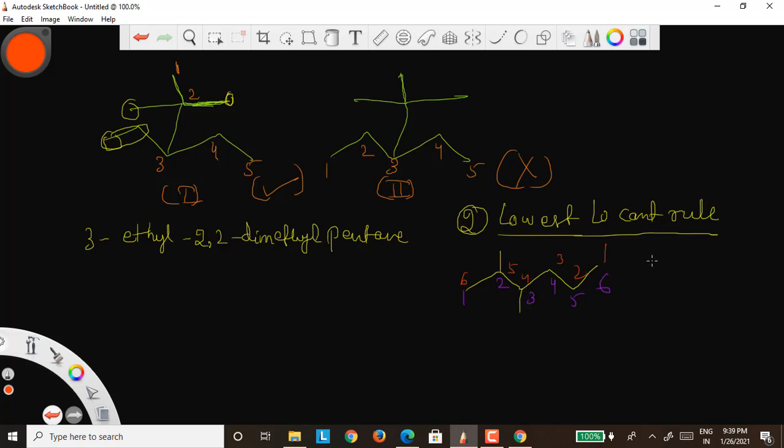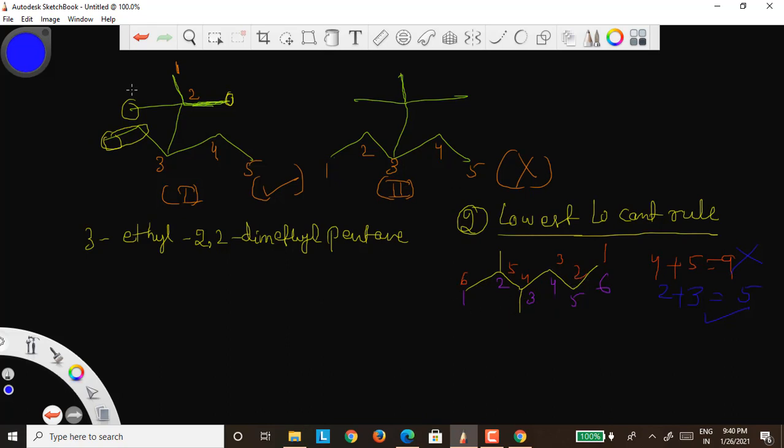Here the substituent number is 4 plus here the substituent number is 5, so 9 is coming. Now suppose you take from left to right, 2 plus 3. So in indigo color 2 plus 3, 5 is coming. In red color it's coming 4 plus 5, 9. So this is wrong and this is right. So numbering in the indigo color is right, in red color is wrong.